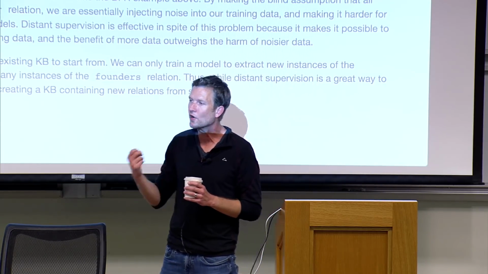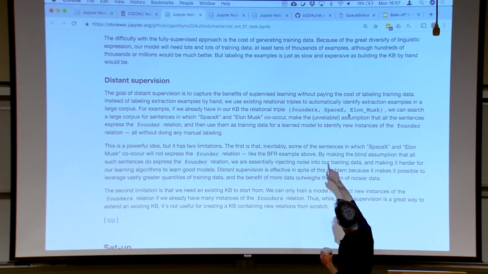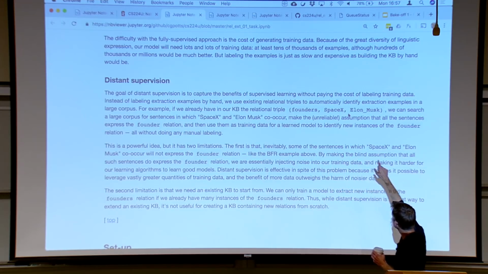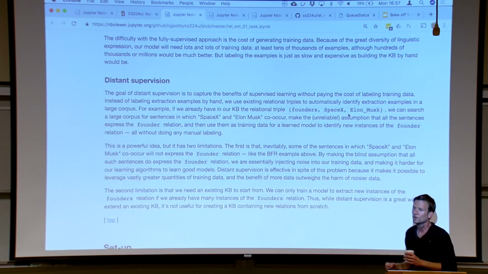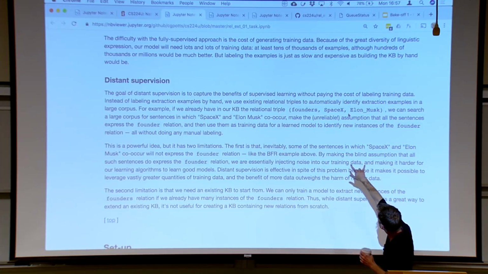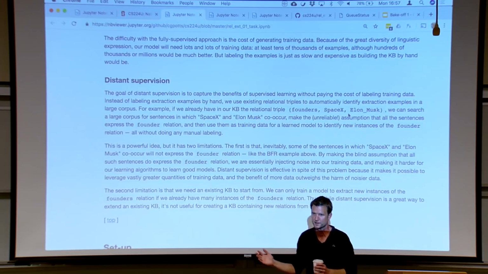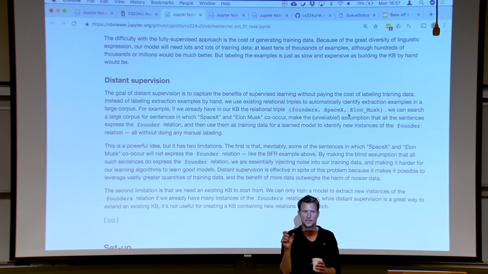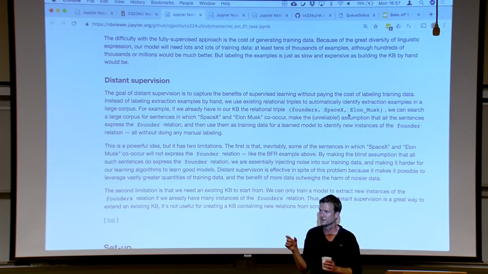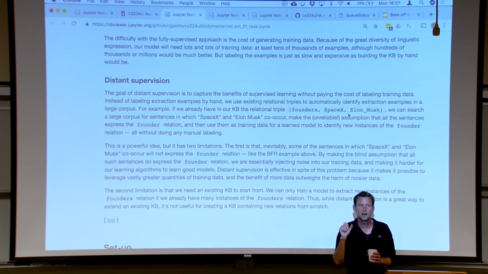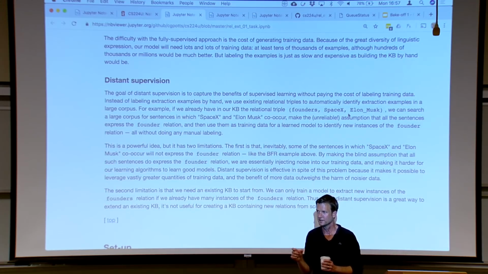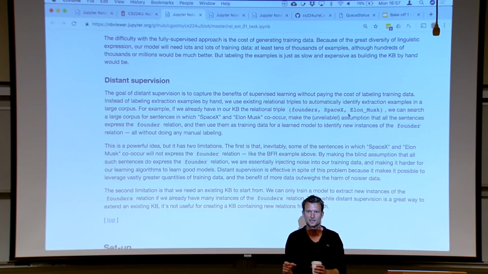Let's say, for example, we already have a knowledge base that contains this relational triple founders, SpaceX, Elon Musk. What we do is we take that pair of entities, SpaceX and Elon Musk, we search through a large corpus for any sentence that contains those two entities. And then we make the unreliable assumption that that sentence expresses the founder relation.